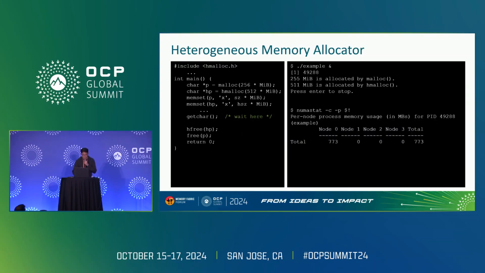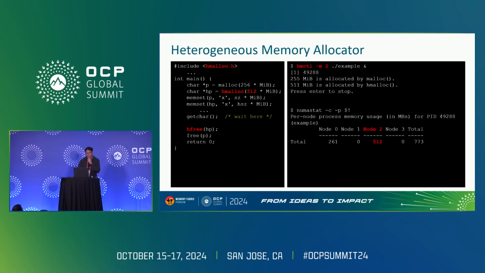So there is an example. We can include hmalloc.h, and then just call hmalloc and hfree. In that case, the original execution shows that the entire memory is allocated into node 0, because it didn't change the behavior.